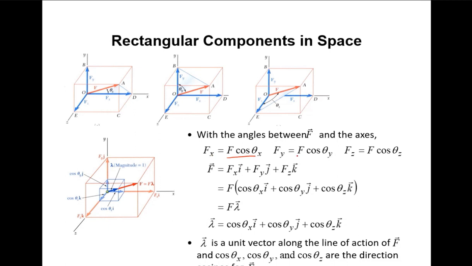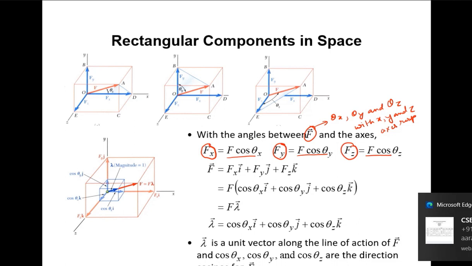Similarly, Fy will be F cos theta y and Fz will be F cos theta z. If the force F makes angles theta x, theta y and theta z with x, y and z axes respectively, right? So obviously F cos theta x, F cos theta y and F cos theta z will be the components along the x direction, y direction and z direction.